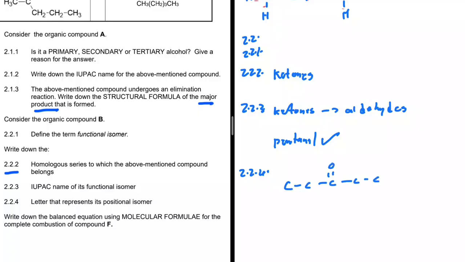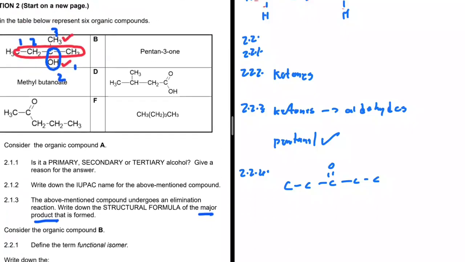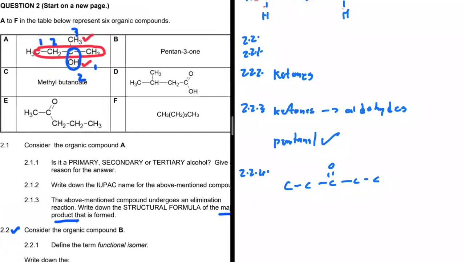If you put this oxygen here, it is pentan-2-one. The same is true when you put it at the other side, because we have to start numbering from the side closest to the functional group. So we're looking for pentan-2-one here on our table.